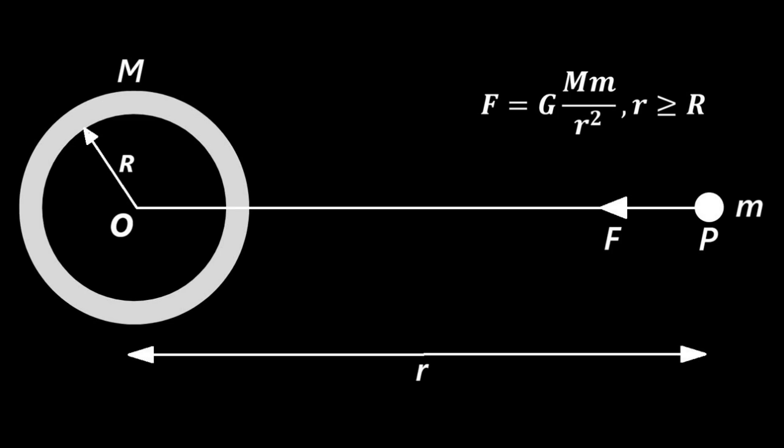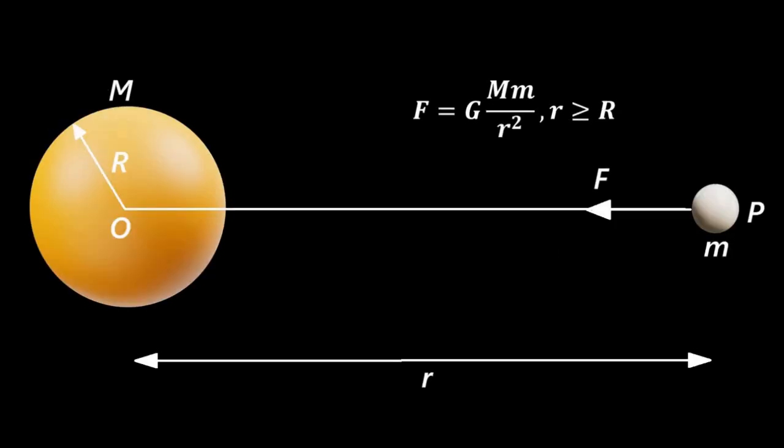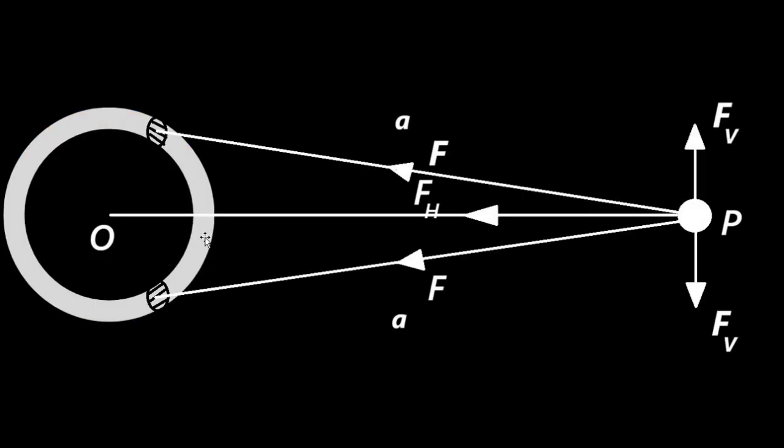Now, why does it happen like that? Why does the gravitational force act in line along the center of the shell or sphere? The reason is that, suppose we divide the entire spherical shell into equal parts. We take small portions of the spherical shell.